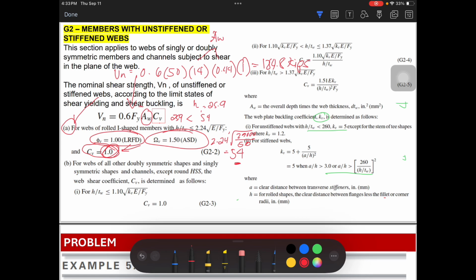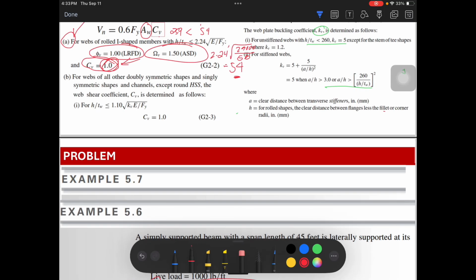And then magka-cancel yan sa area. So kips ang ending ng unit natin. So this is Vn pa lang. So kailangan natin i-factor to get the strength in LRFD. Ano ang factor natin for LRFD? 1.0. This one.